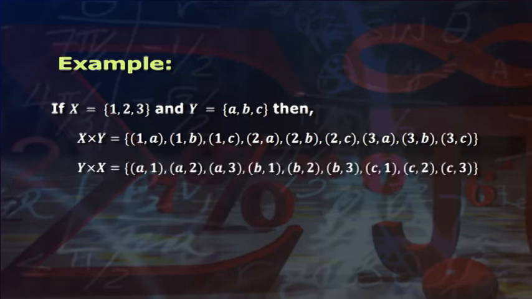Y cross X will be (a,1), (a,2), (a,3), (b,1), (b,2), (b,3), (c,1), (c,2), (c,3). It is clear that X cross Y is not equal to Y cross X.